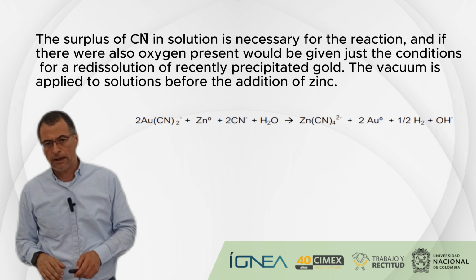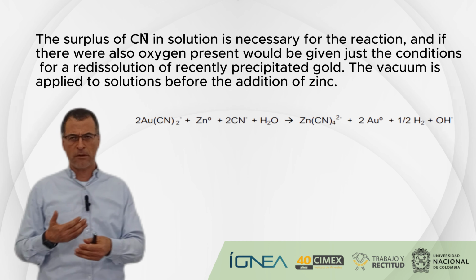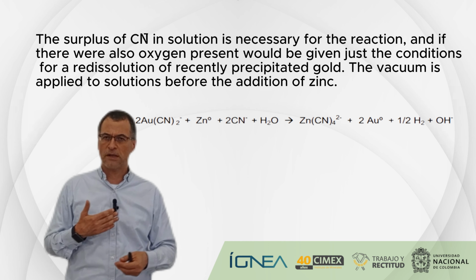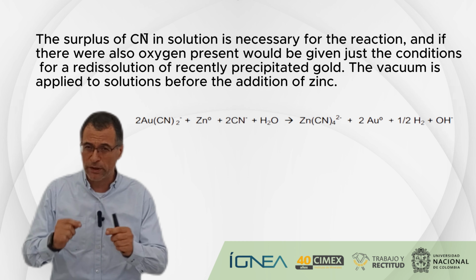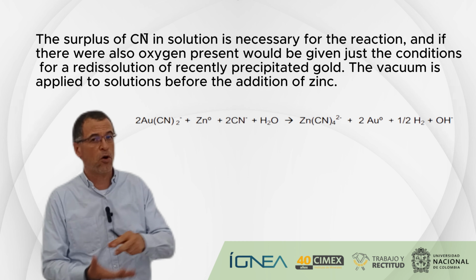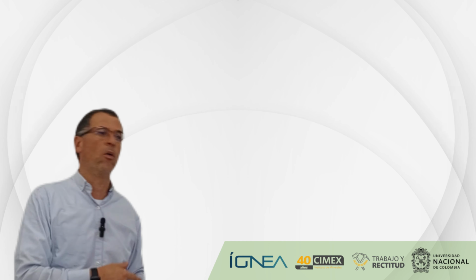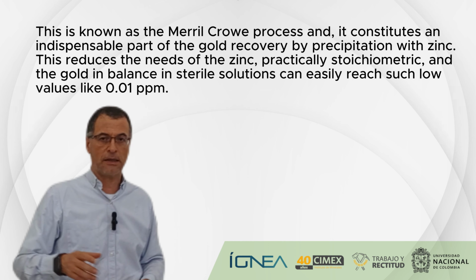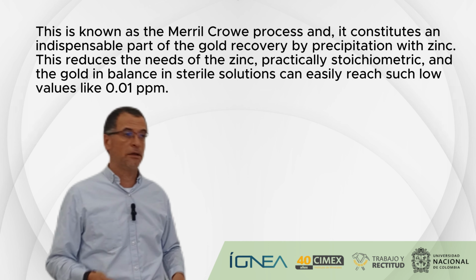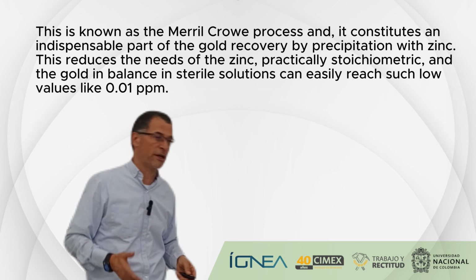Okay. In cyanidation, when you are making the precipitation with zinc, it is important to do it in vacuum, without oxygen, and this process is named Merrill-Crowe. Merrill-Crowe is a very important process that is very common, and you avoid the presence of oxygen.